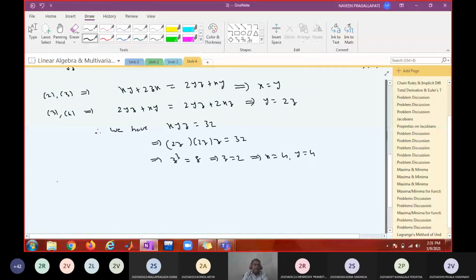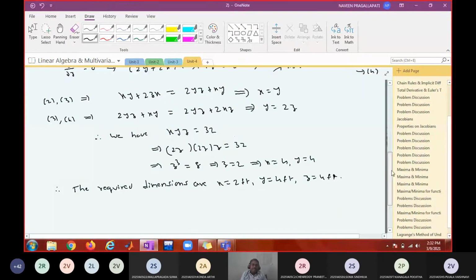Therefore, the required dimensions are x equal to 2 feet, y equal to 4 feet, z equal to 4. That's it. And in that problem, we verified actually this 244 is 16. Is this clear?